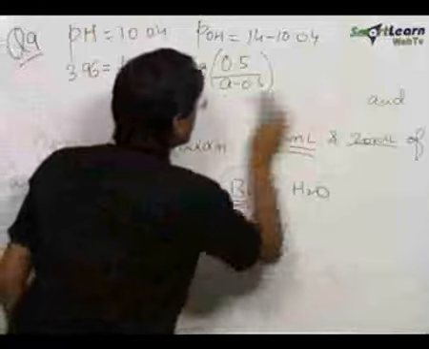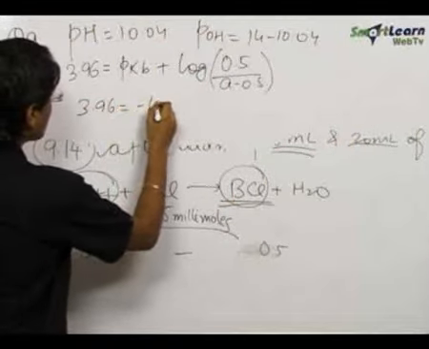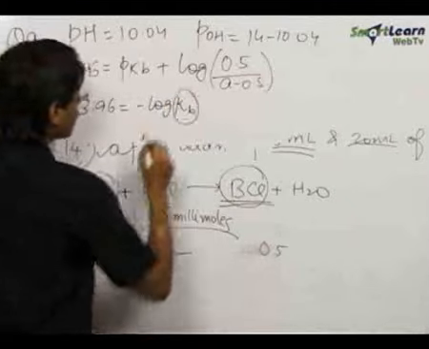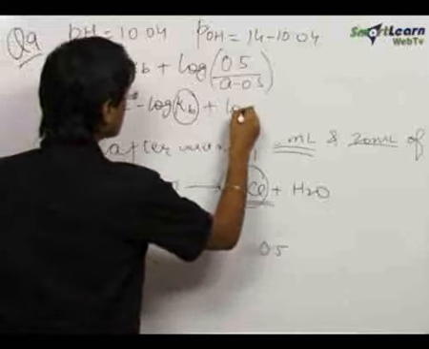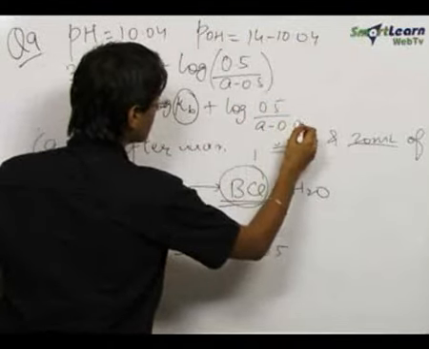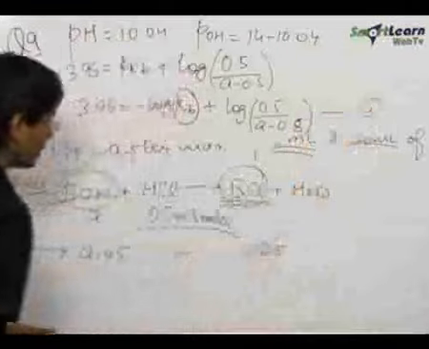So this is our first equation. pKb can be further written as minus log Kb. This is the dissociation constant for the base, plus log of 0.5 upon A minus 0.5. This is our first equation.